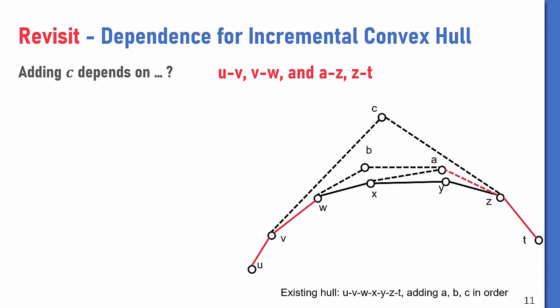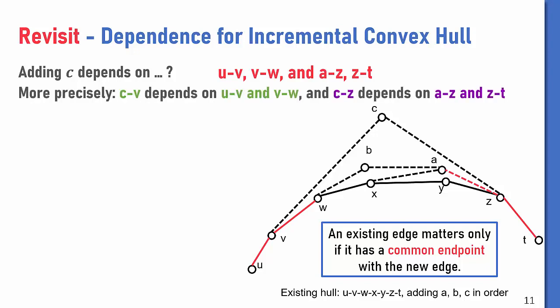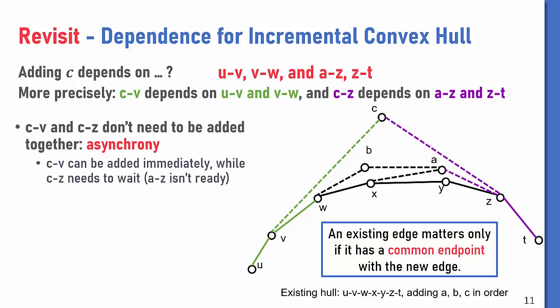This means that an existing edge matters only if it has a common endpoint with a new edge. More precisely, the new edge CV depends on 2 edges UV and VW, and the edge CZ depends on XZ and ZT.